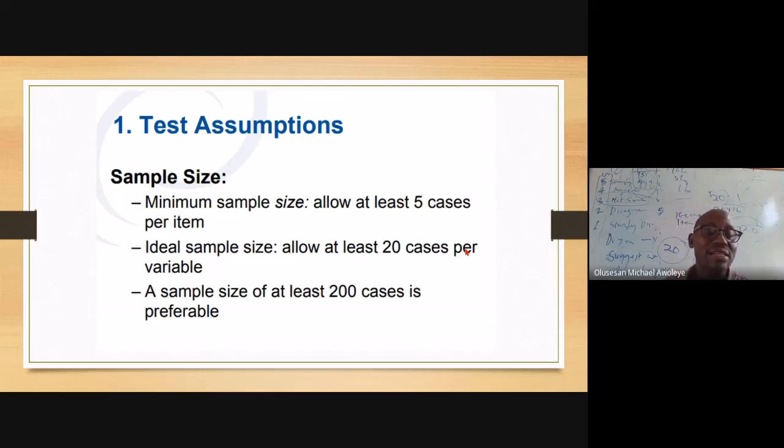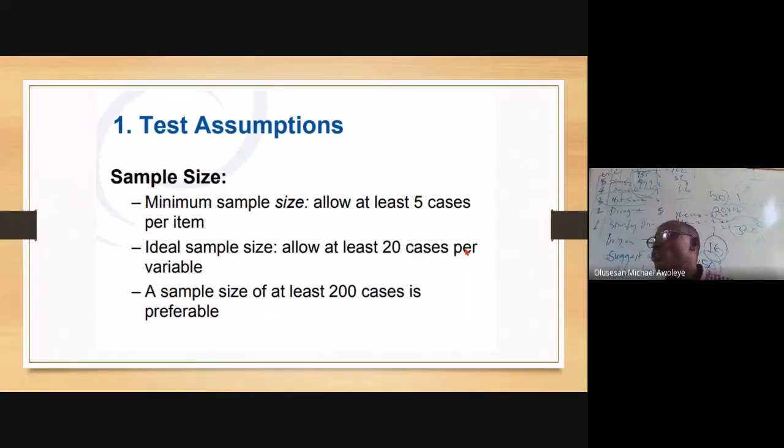So we are saying here that a sample size of at least 200 cases is preferable, at least. But don't forget, if you have 200 cases, how many items maximum are you expected to have? Do you get that? The number of items, if you want to do 200 cases, must not be more than 10.